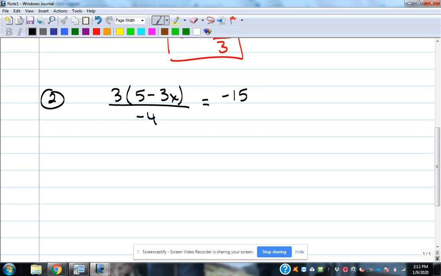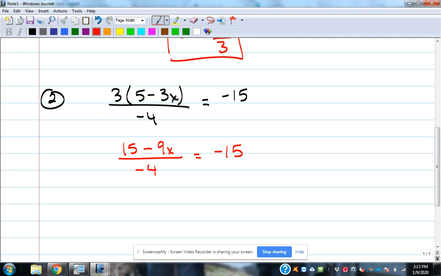Okay, we could distribute the 3 to the parentheses. That would help a little bit. So that's going to be 15 minus 9x, still over the negative 4, is equal to negative 15. And then now we have to do a certain thing next. Why would we do that?